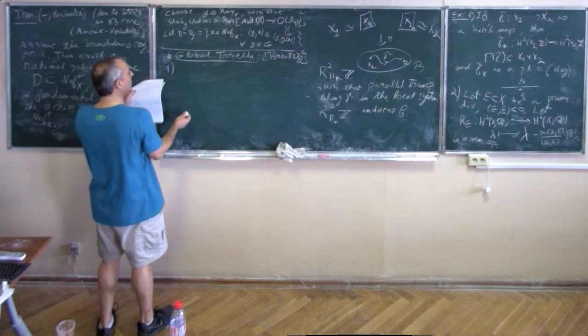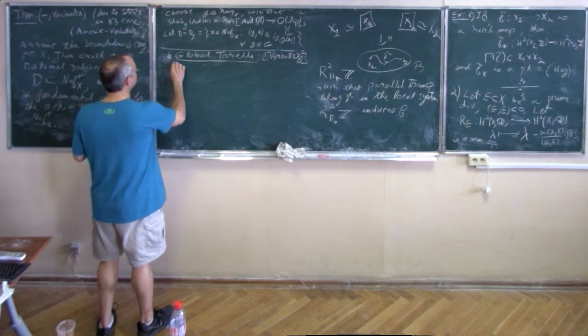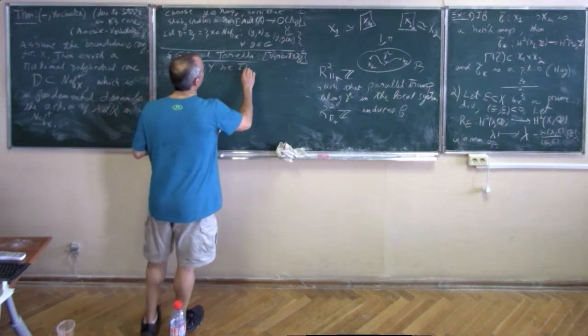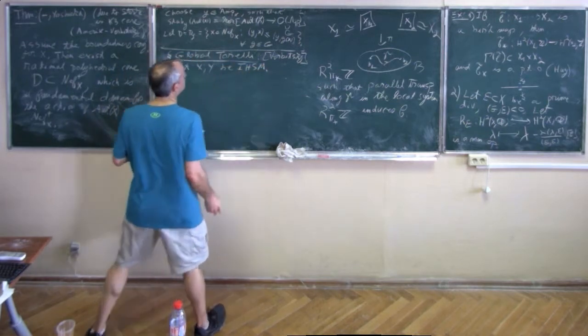So two statements. One is the weak. So let's first let X and Y be irreducible holomorphic symplectic manifolds.